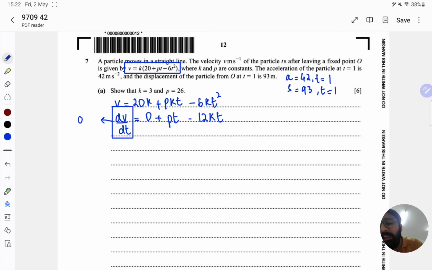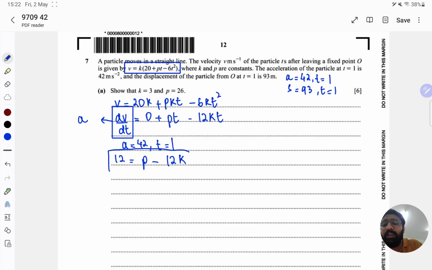the acceleration. And we are aware that the acceleration is 42 when the time is 1 second. So let's put the value of 42 equals p plus minus 2 times k.